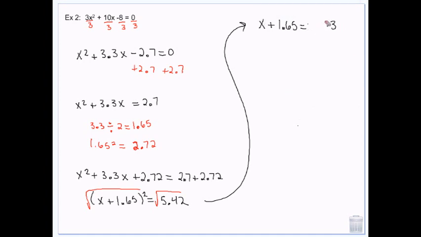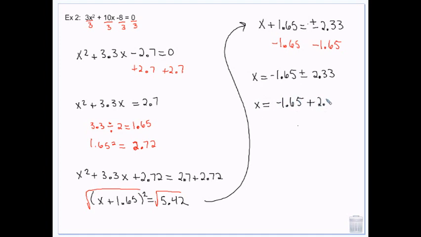Sorry, let me fix that. And then I'm going to subtract 1.65 from both sides. And so I get that x is equal to negative 1.65 plus or minus 2.33. So I have negative 1.65 plus 2.33 and negative 1.65 minus 2.33.